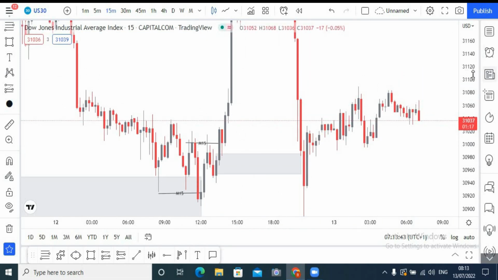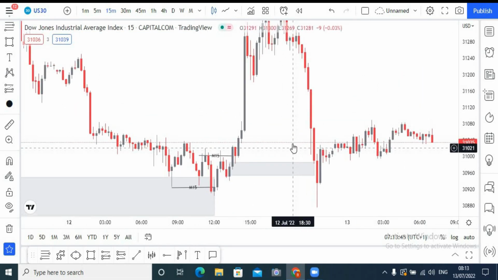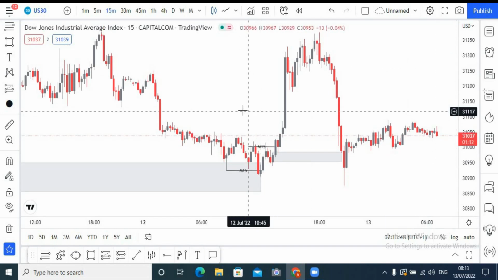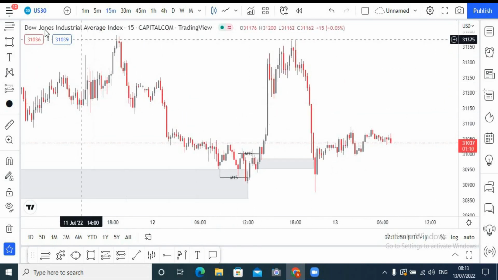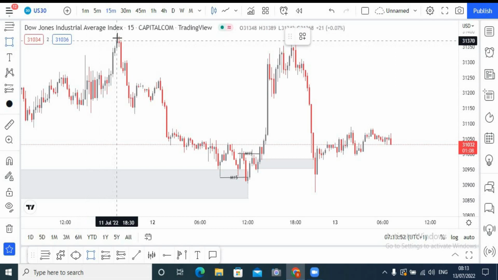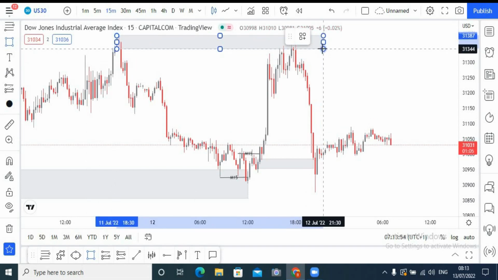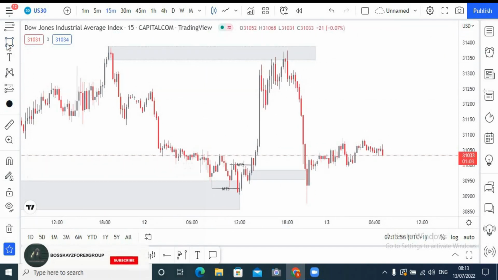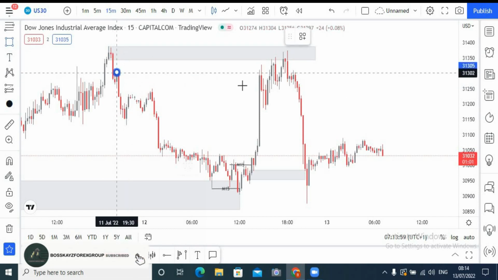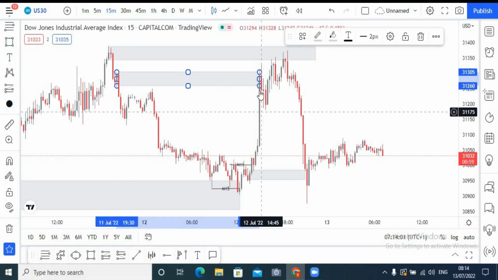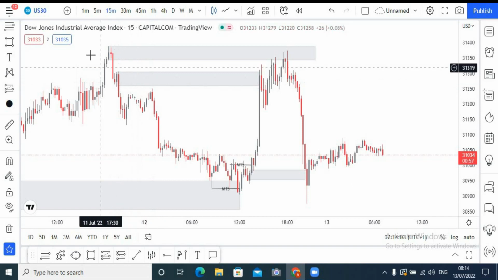Sorry about that. And then the price went up, and remember what I have said, they'll always come back to these swing points, right? So here we had a breaker block, but they didn't respect it. As you can see, the price approached as well.